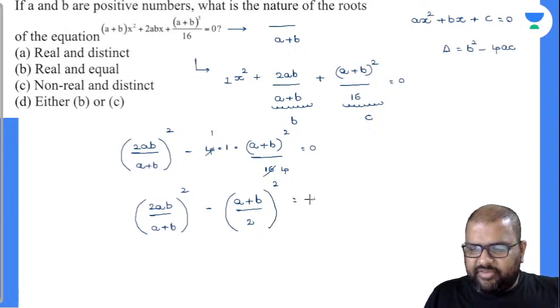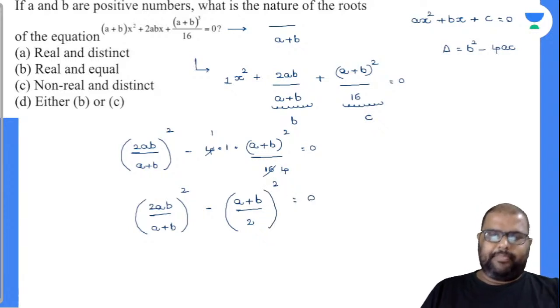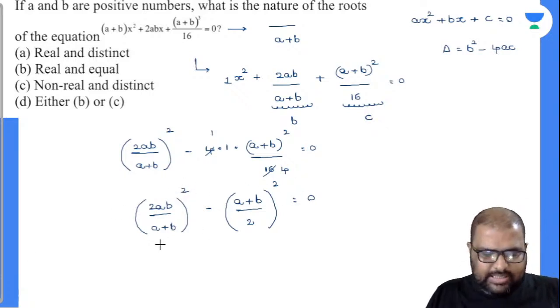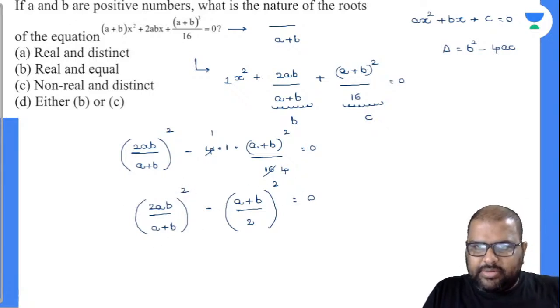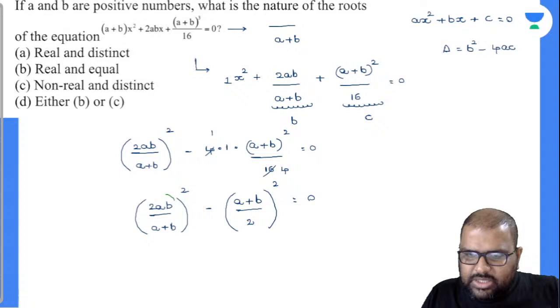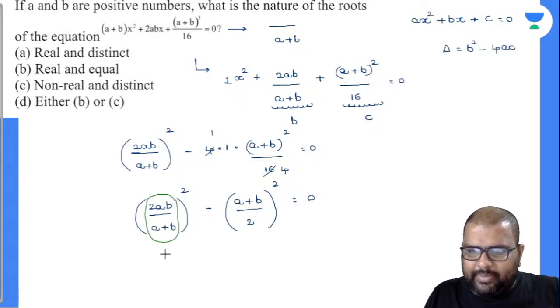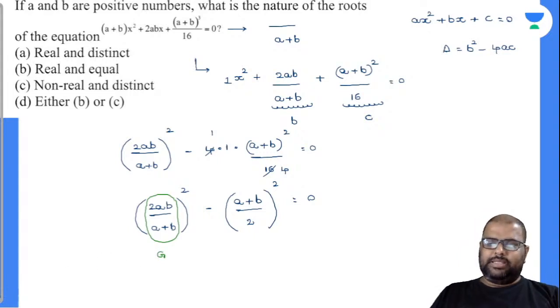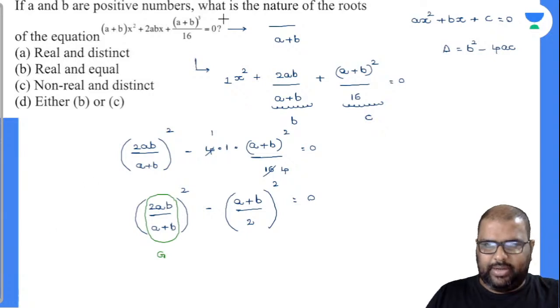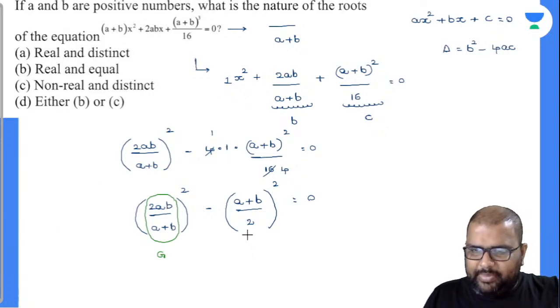Yes, perfectly done. If I remove the squares, 2ab by a plus b is nothing but the harmonic mean. And a plus b divided by 2 is your arithmetic mean.